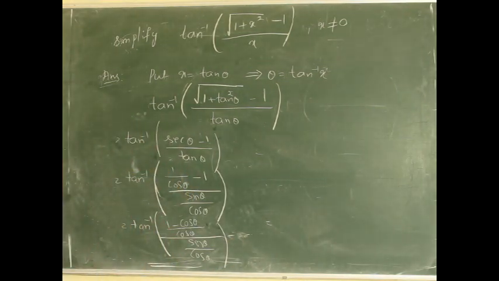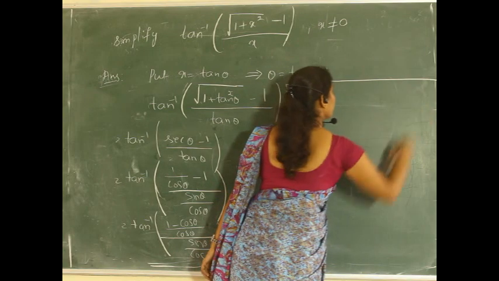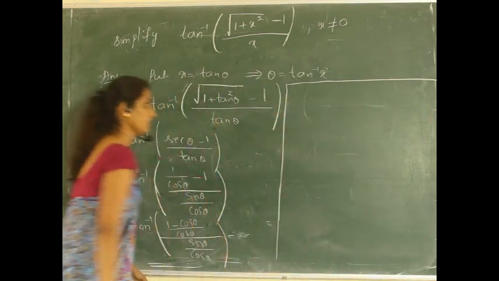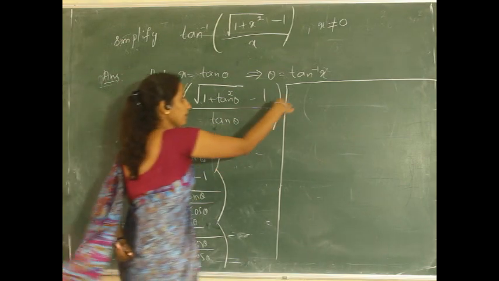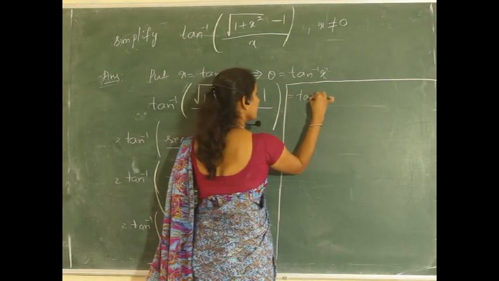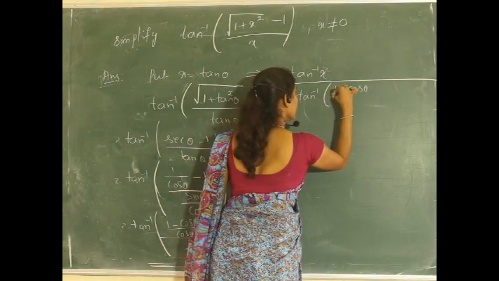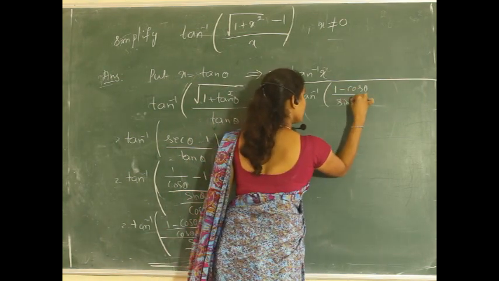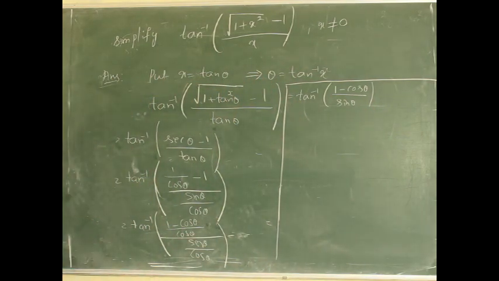So the next step, cos theta can be cancelled. So we are getting tan inverse of (1 minus cos theta) divided by sin theta.